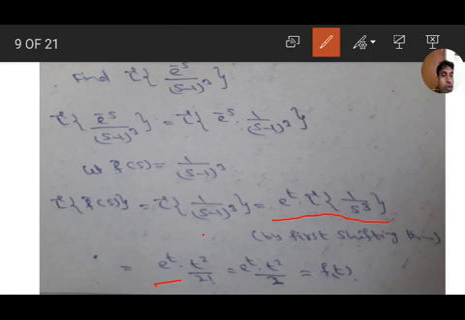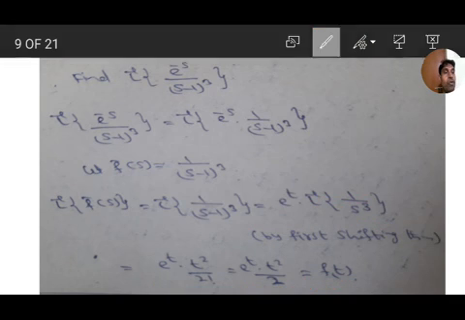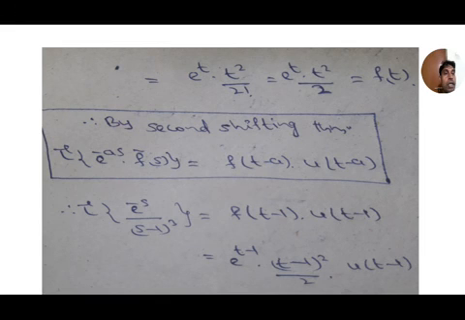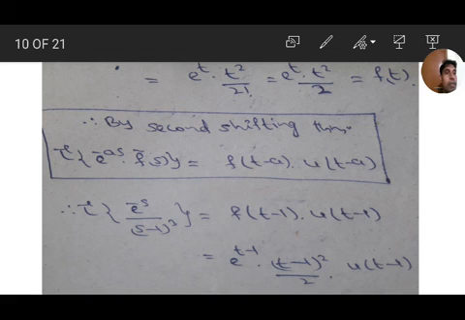So e to the power of t as it is. Next, 1 by s cube formula, t to the power of 3 minus 1 means t square by 3 minus 1 factorial, means 2 factorial. So e to the power of t into t square by 2, that is equal to f of t. Therefore f of t equal to e to the power of t into t square by 2.